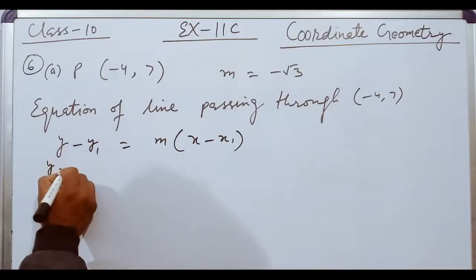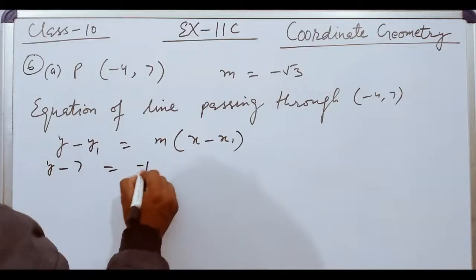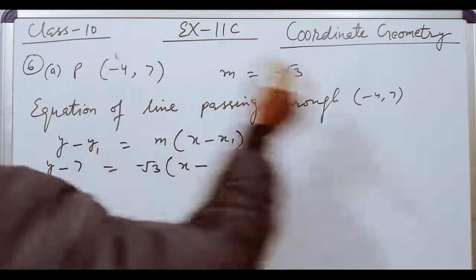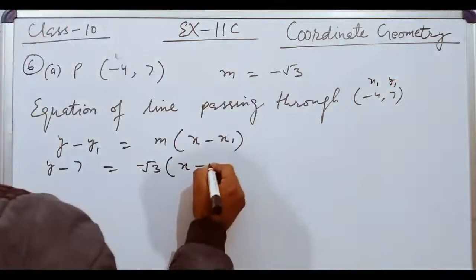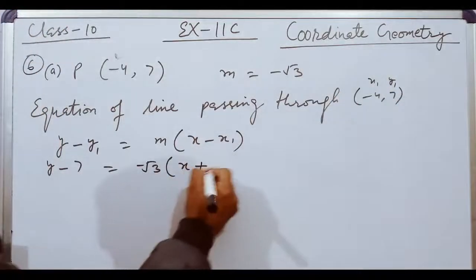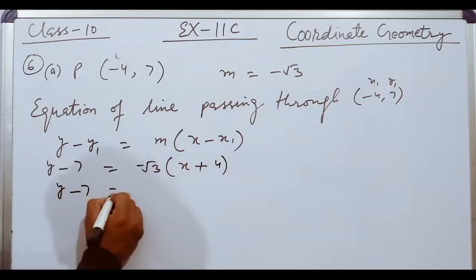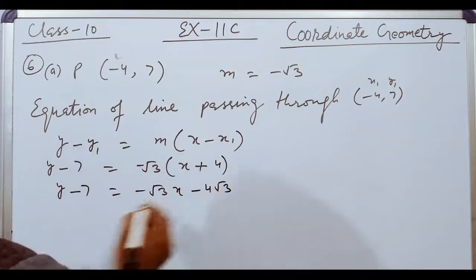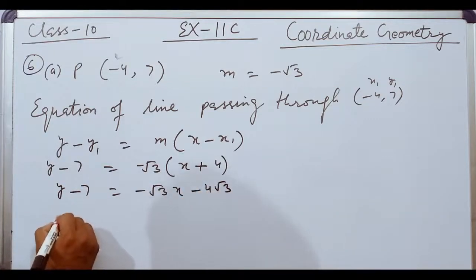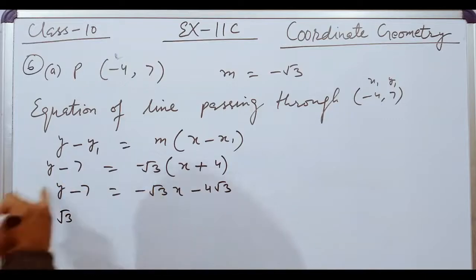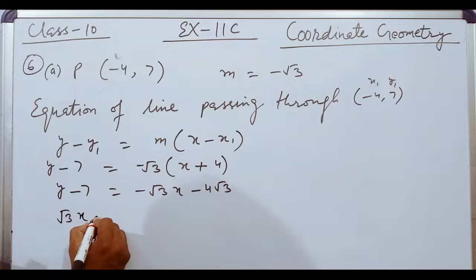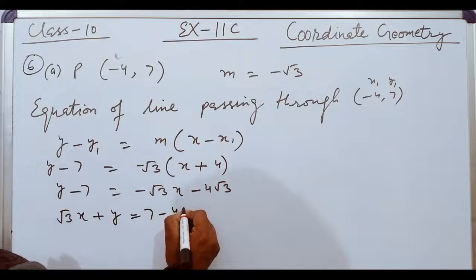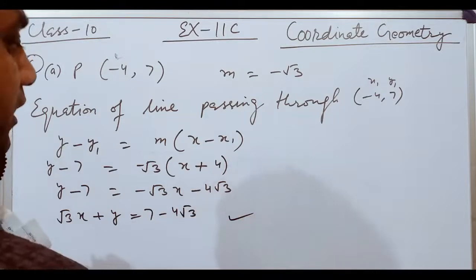So y minus 7 equals minus square root 3 times (x plus 4). Then square root 3 comes to this side, and 7 goes to that side: square root 3 x plus y equals 7 minus 4 square root 3. Okay, this is the equation of a straight line.